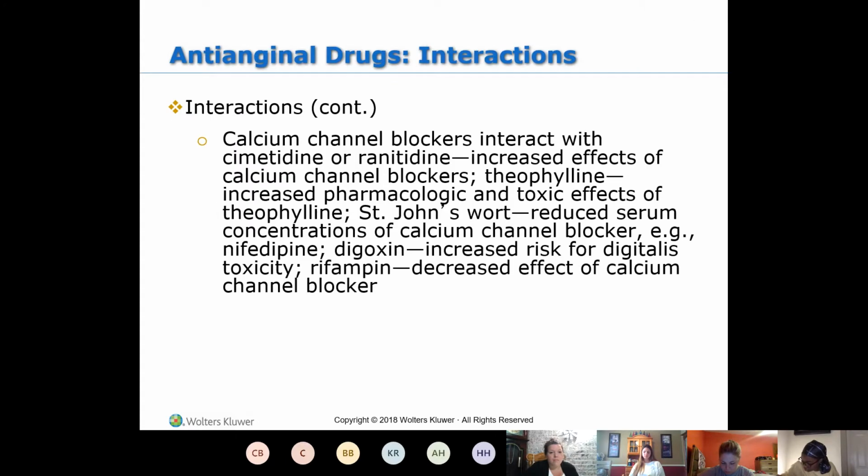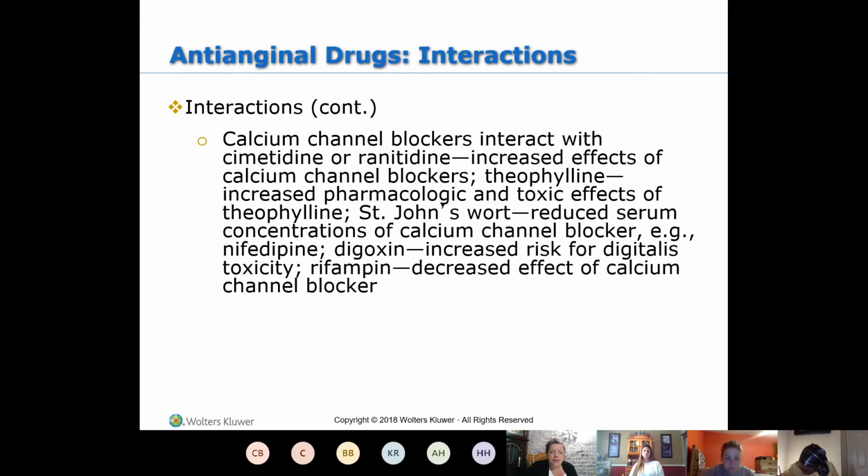All right. Remember I told y'all about the interactions that could be found. This is more interactions. They're on page 412. Some drugs can increase the effects of calcium channel blockers. These drugs can increase the toxic effects of theophylline. St. John's wort, I want y'all to make a note of that.